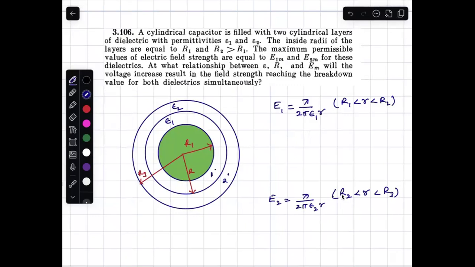Where the field is strong in the region between R1 and R2. R1, R2 in between, where the field will be strong.